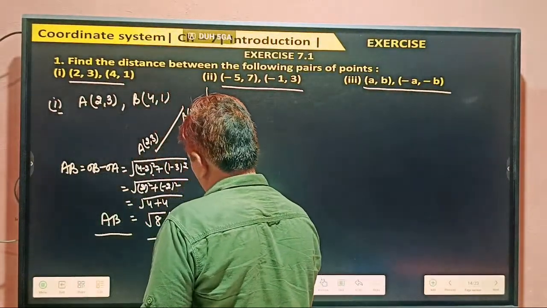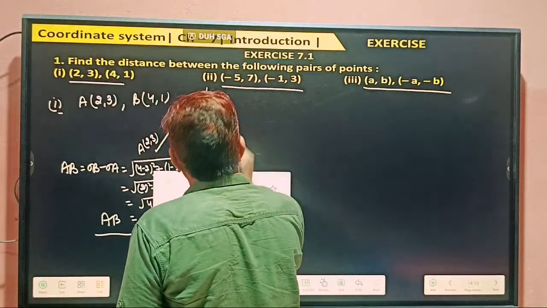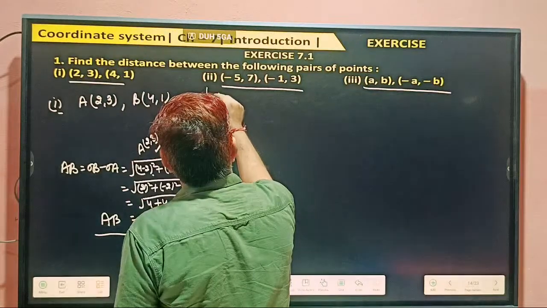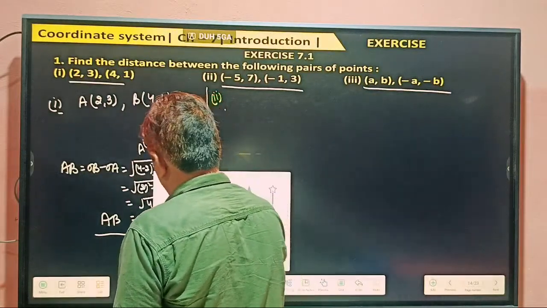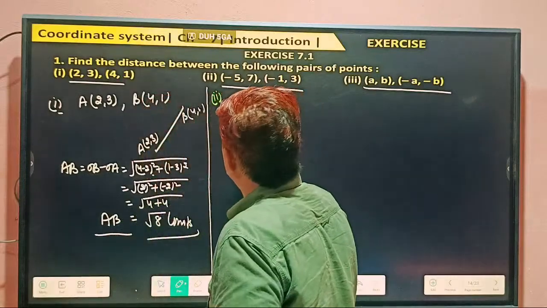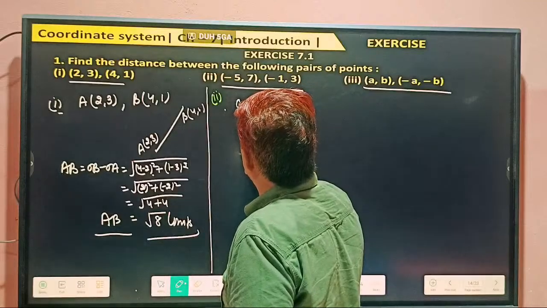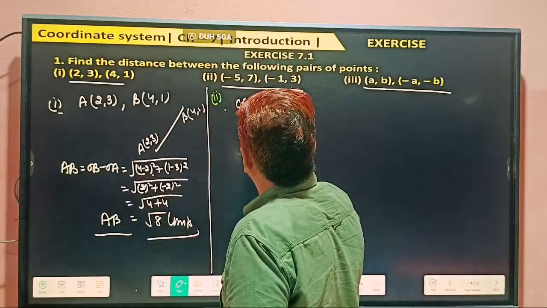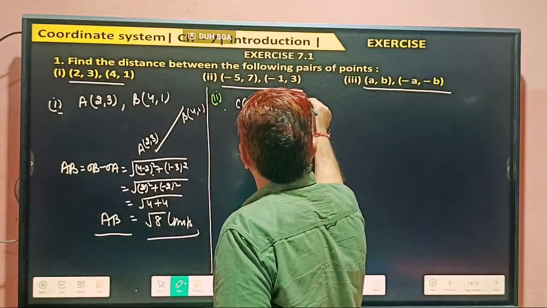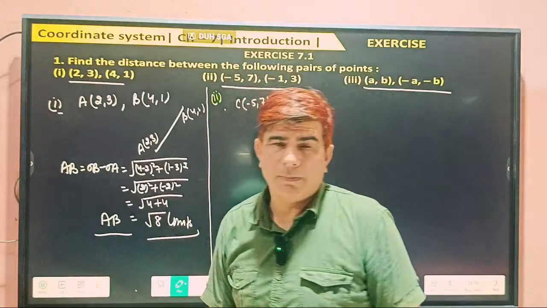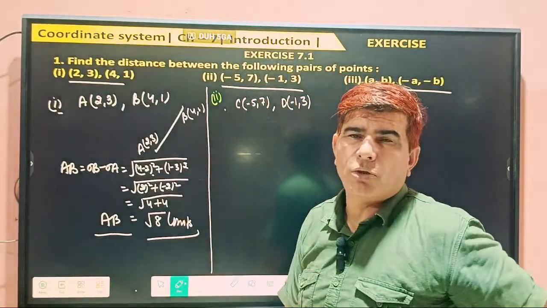Second part. Which part? Second. So what we can say, again taking this as C, AB we have taken, C point we can take whose coordinates are minus 5 and 7, and D has coordinates minus 1 and 3. And if I ask you, these points lie in which quadrant?